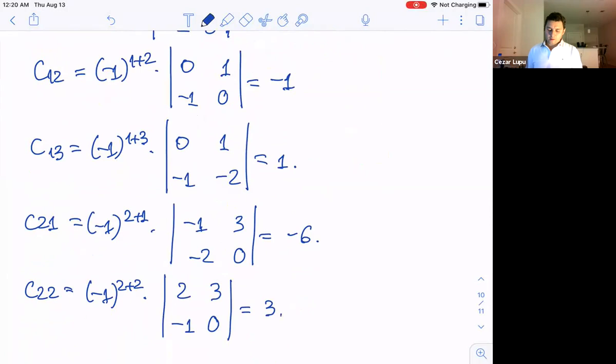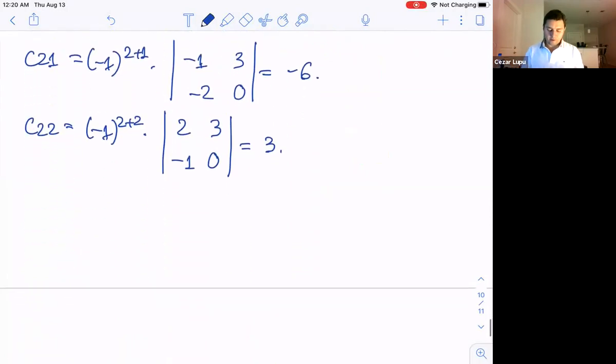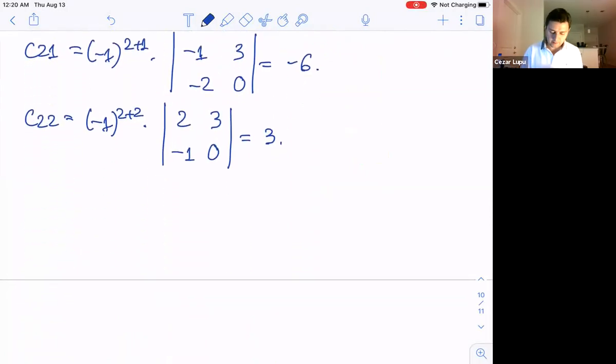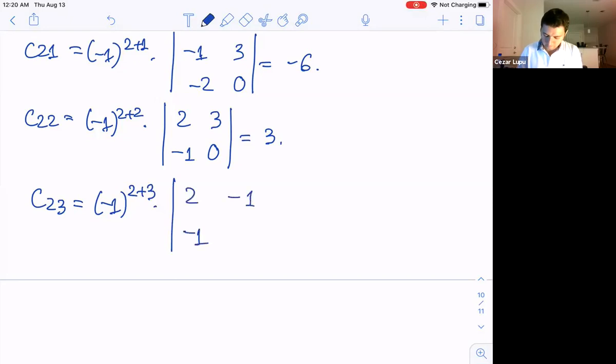Okay. All right, and there are 3 more to compute, and then we're done. So, C23 will be, which will give us 5.